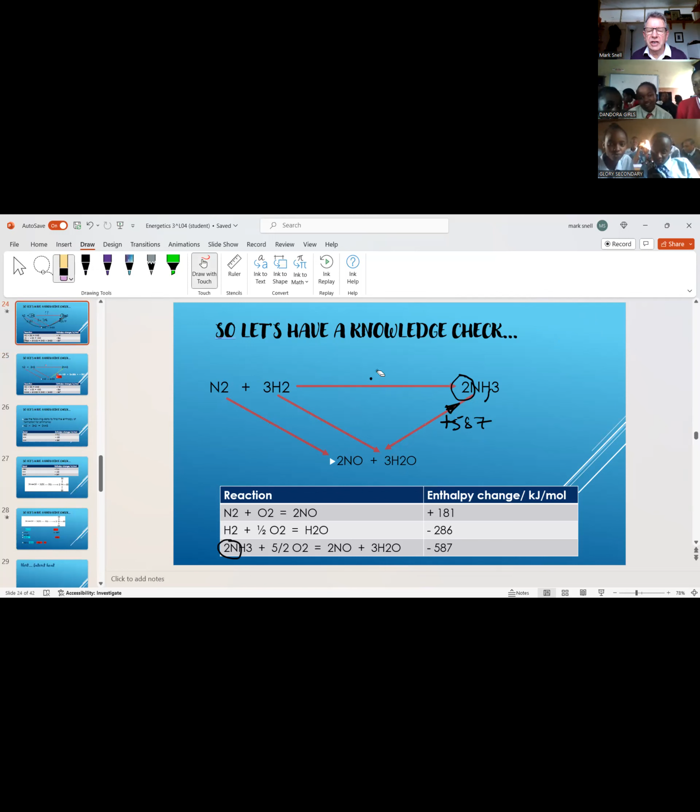In these equations here, the route across the top is the same as the route round the side. So in other words, from here to here is the same whether I go in one direction or down here and then up there.